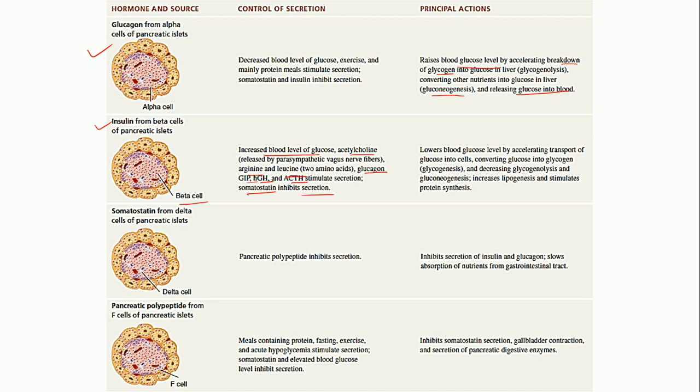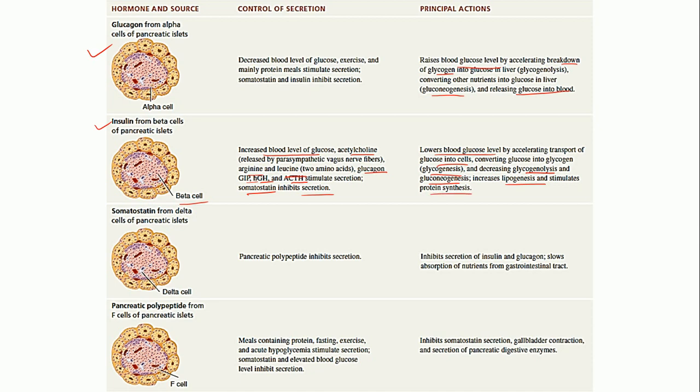Now what are the actions to lower the blood glucose level? By increasing the transportation into the cell, or promoting glycogenesis, or by decreasing glycogenolysis and gluconeogenesis. And also it increases lipogenesis and stimulates protein synthesis.